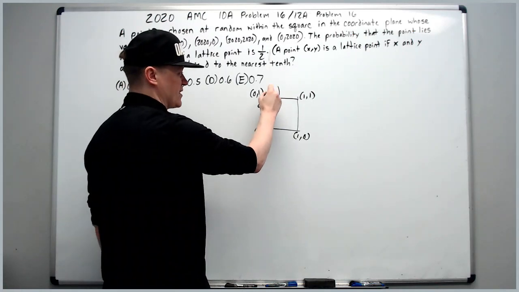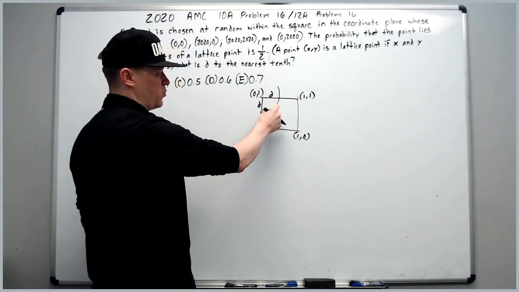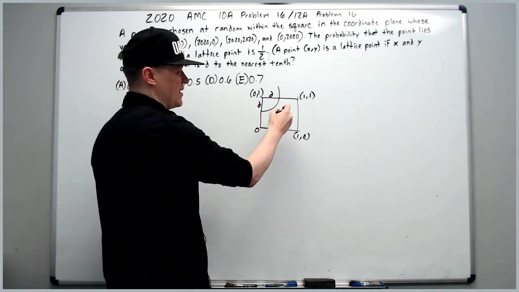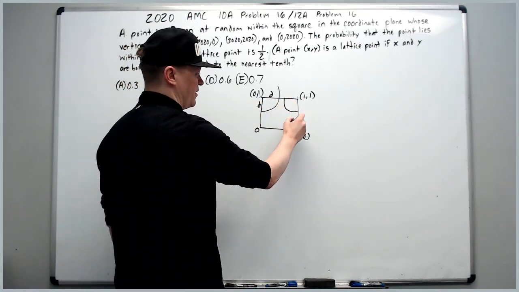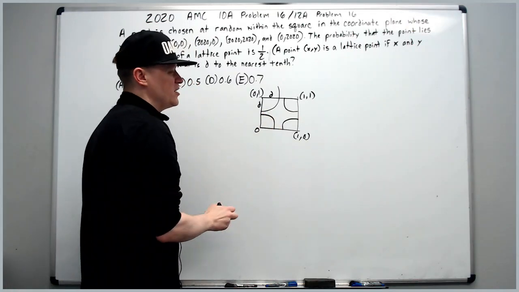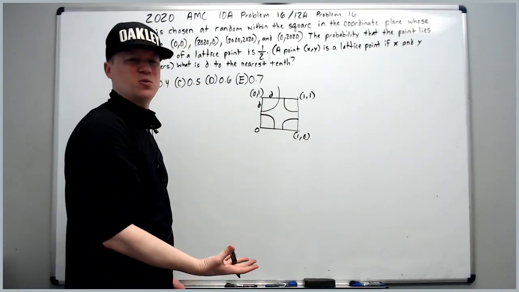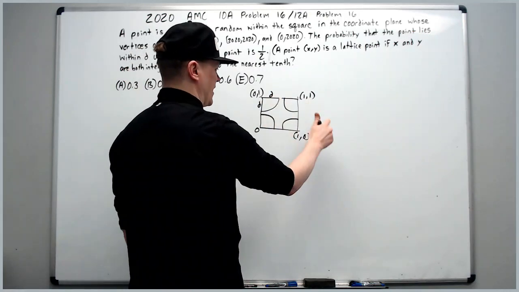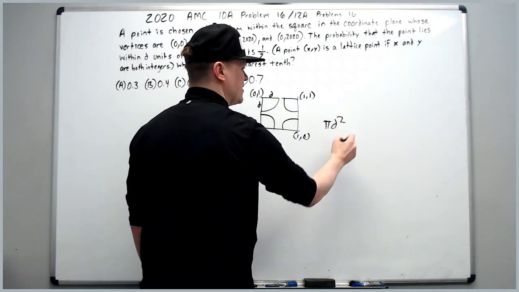So we've got a radius of d. All of these points will lie within d units of this point here. And a similar thing will happen over here, and over here, and over here. So you're going to have 4 quarter circles, which is the total of one circle, and that circle is going to have area pi d squared.